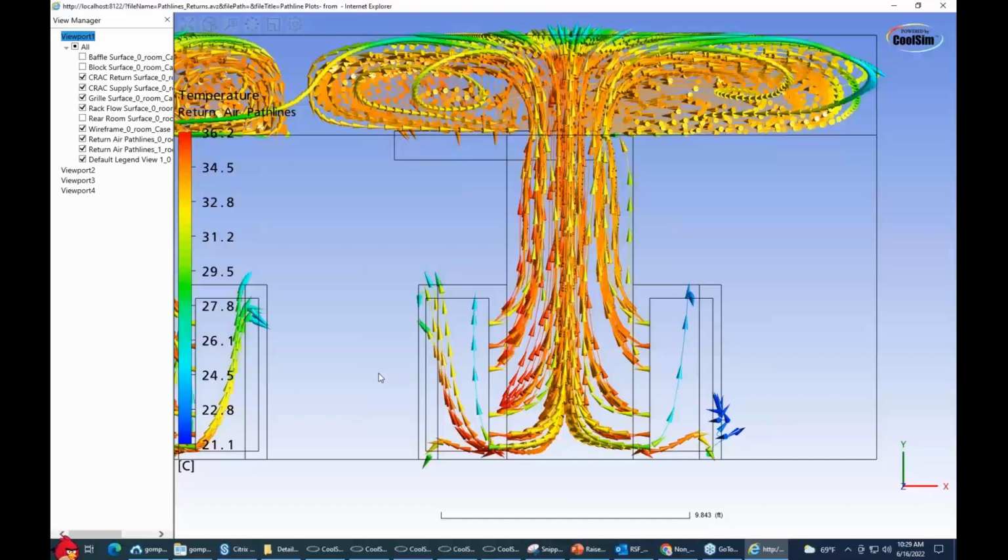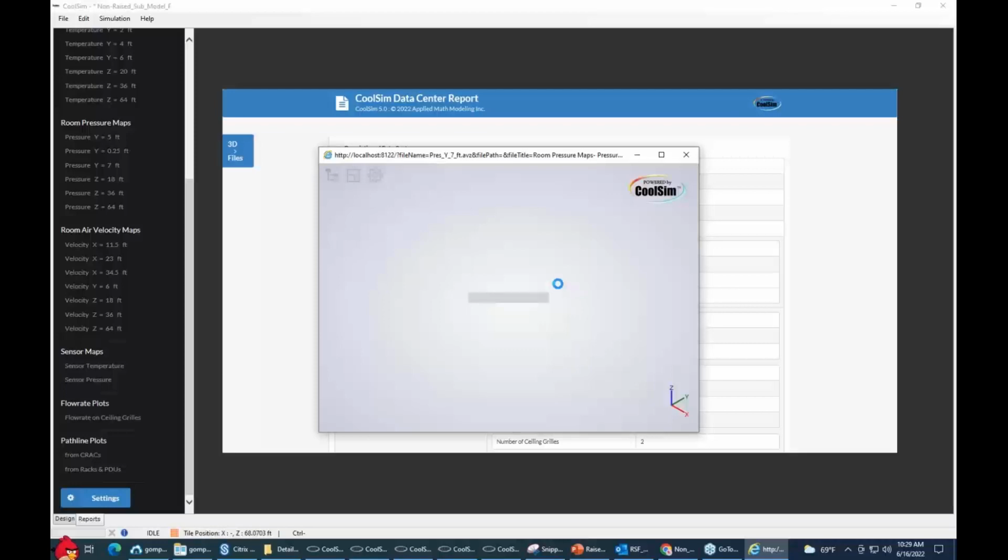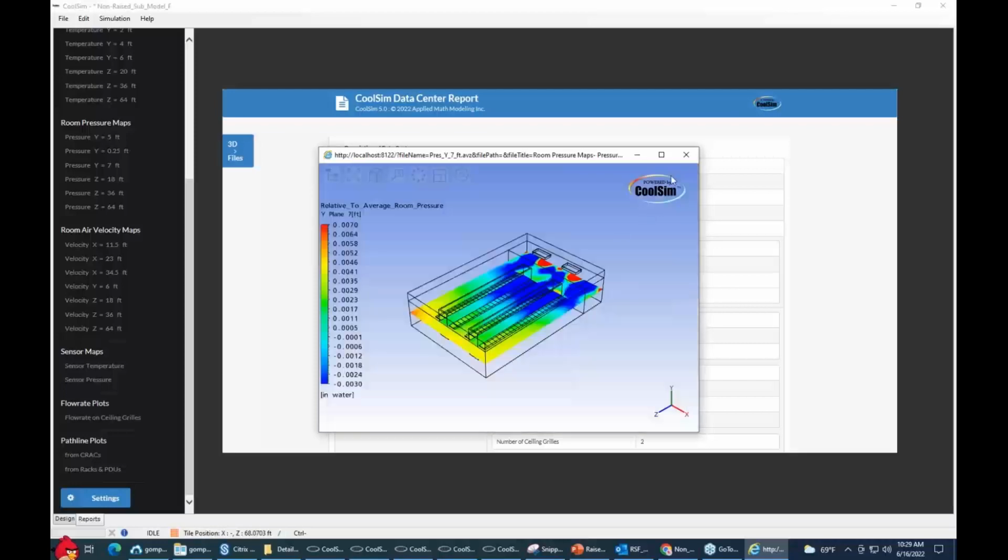And this is one of them, that on the hot side, as these racks displace their hot air towards the center, there will be a pressure gradient that will sometimes pop in there, and it's nonlinear. In fact, it changes as a function of distance. So let's take a look at a pressure slice at 7 feet, and you'll see that variation.